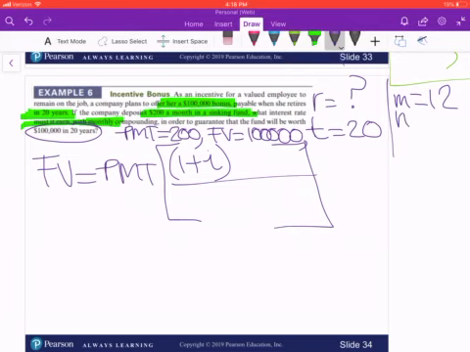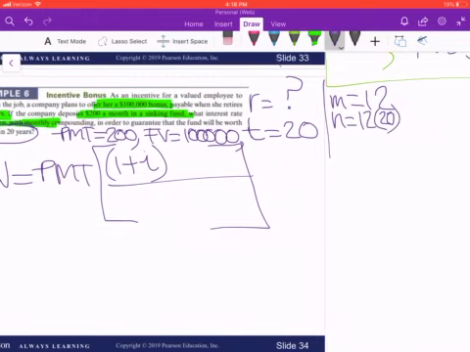So that will make N equal to 12 times 20. So N will be equal to 240. And for I, we're going to use R over M. And so for that, we will use R over 12.